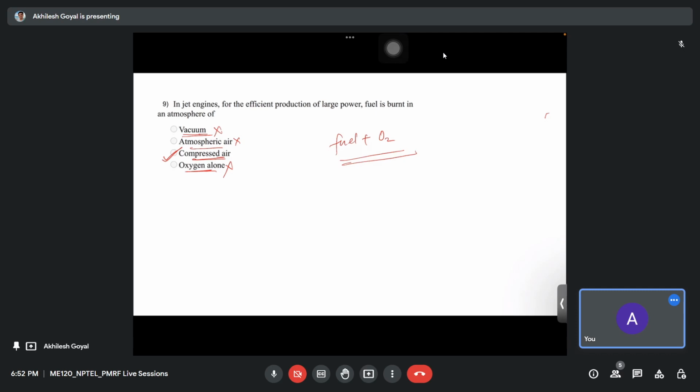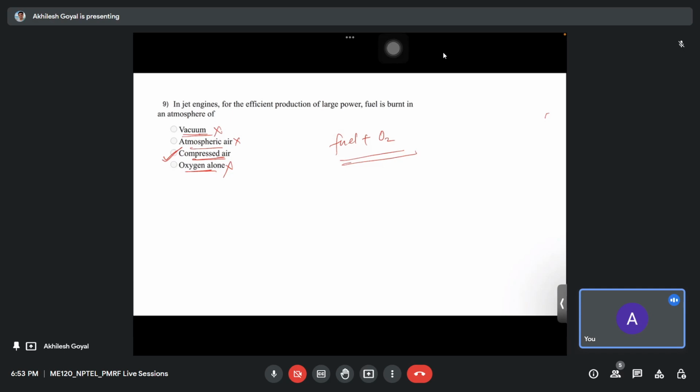So pure oxygen you cannot provide. In vacuum it cannot burn. Atmospheric pressure will result in partial burning of the fuel. So the only option we have, freely available in the case of jet engines, is compressed air, which contains more oxygen atoms that can react with the fuel and burn it completely.